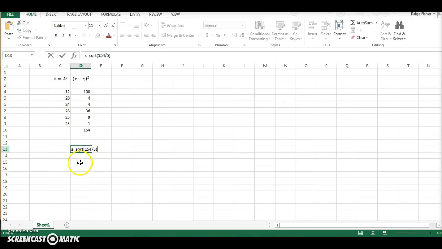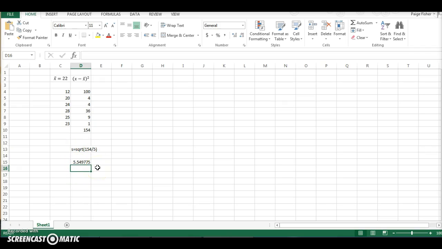To do that, we have to have the equal sign. So equals square root, parentheses, 154 divided by 5. And our answer is 5.5498. That's our standard deviation.